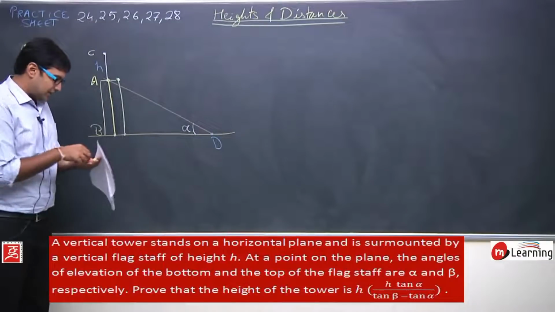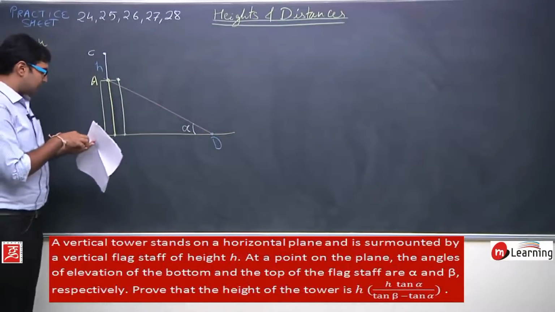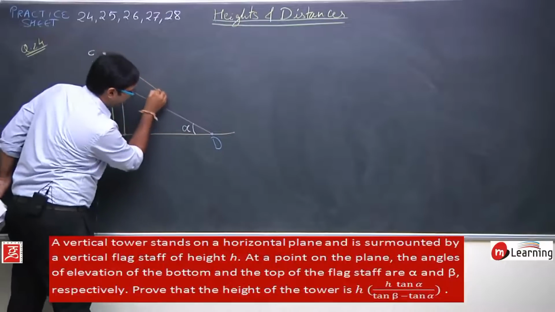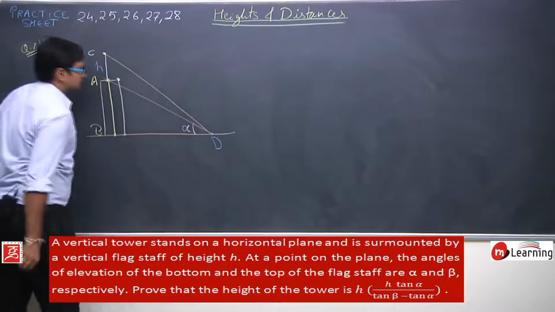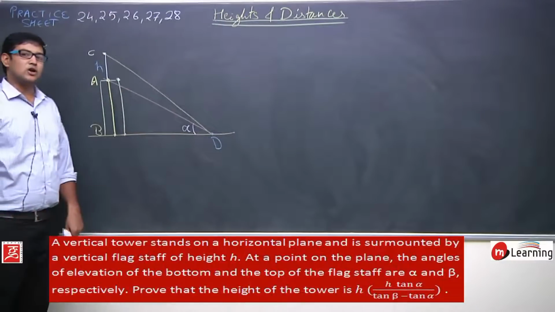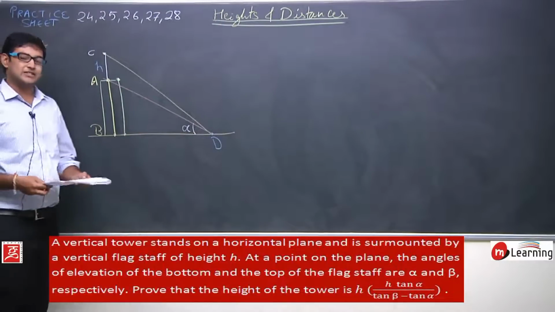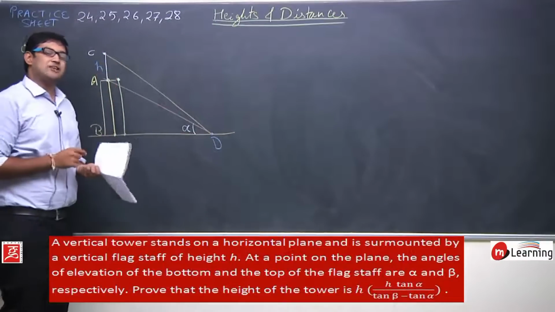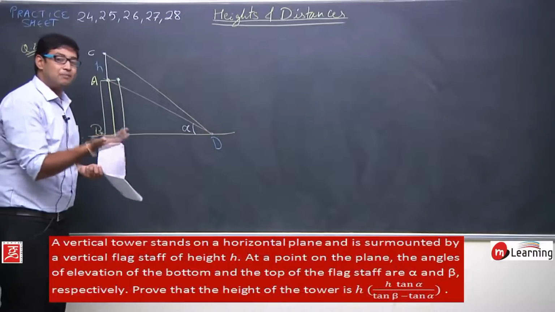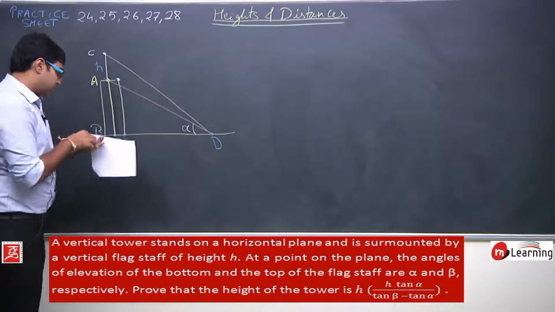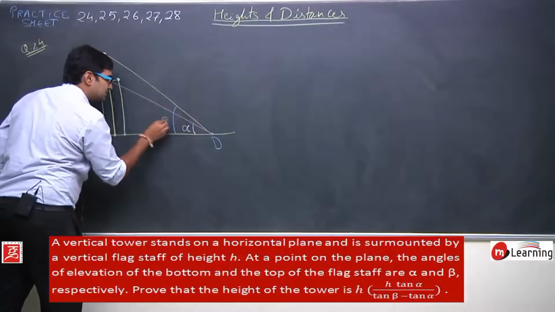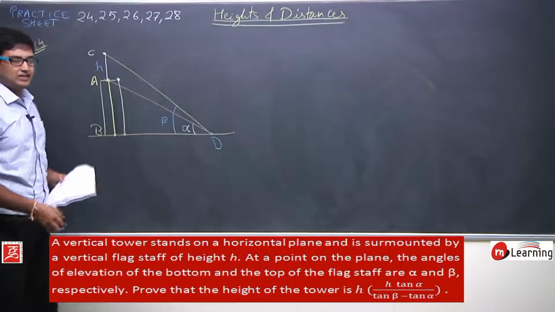Similarly, if I want to observe the top of the flagstaff, this is the line of sight of the top of the flagstaff, and to observe it, I need to move my head beta degrees upwards. That's why it is the angle of elevation. So this angle is beta. It is given that this angle is beta.